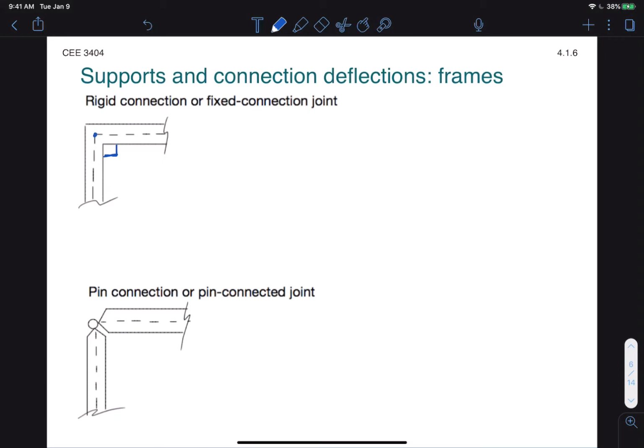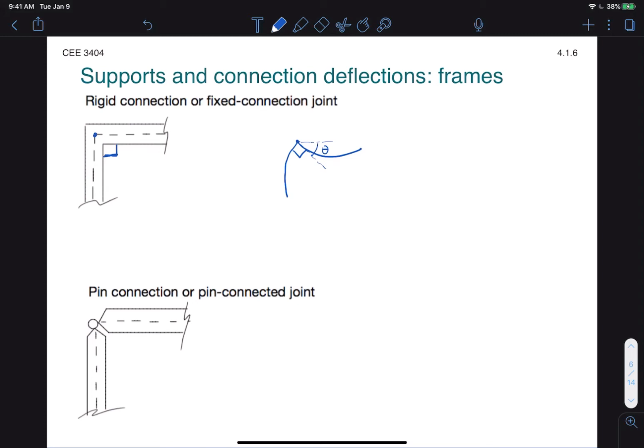So in general, we can have something like this. Note that my connection has rotated clockwise and the beams have deflected, but at that joint, at that connection, they still remain at a right angle.